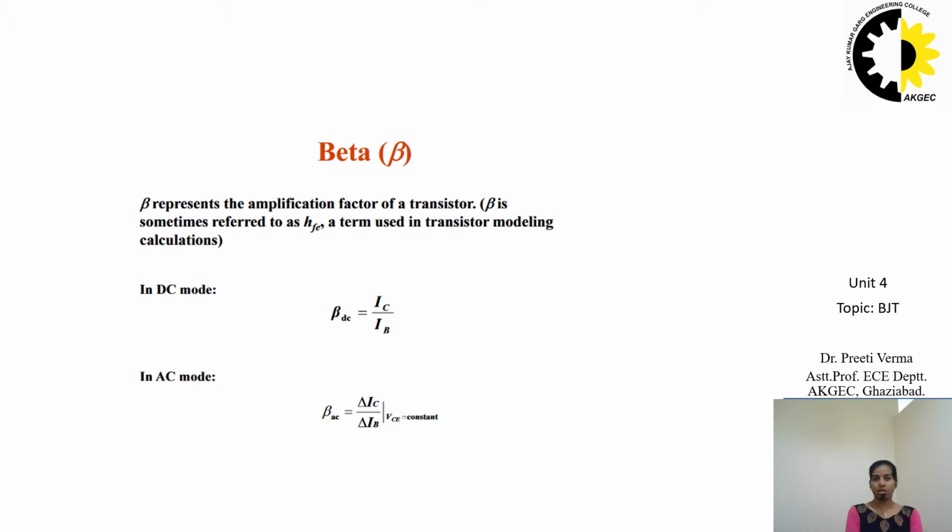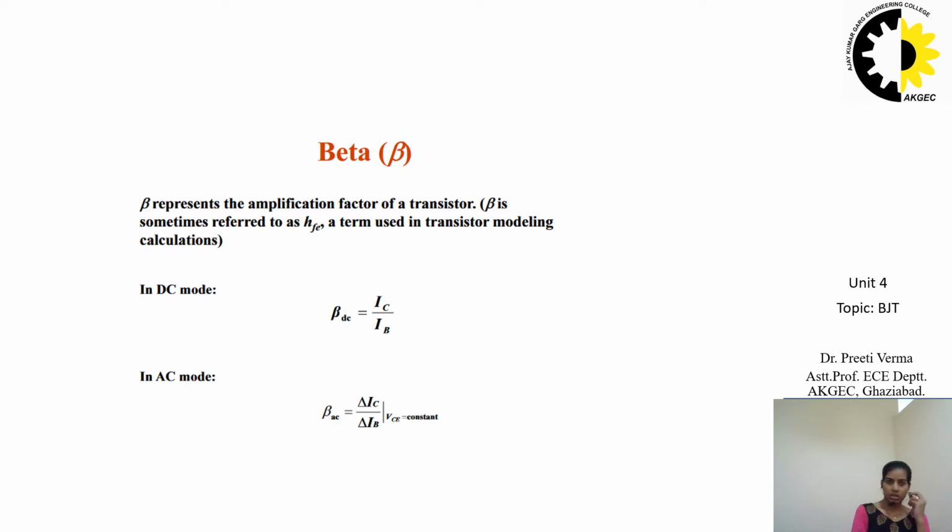On a specification sheet, beta DC is usually included as hFE, with the h derived from an AC hybrid equivalent circuit, so that is the h parameter. The subscripts FE are derived from forward current amplification and common emitter configuration respectively. It means hFE is forward current amplification for common emitter configuration.